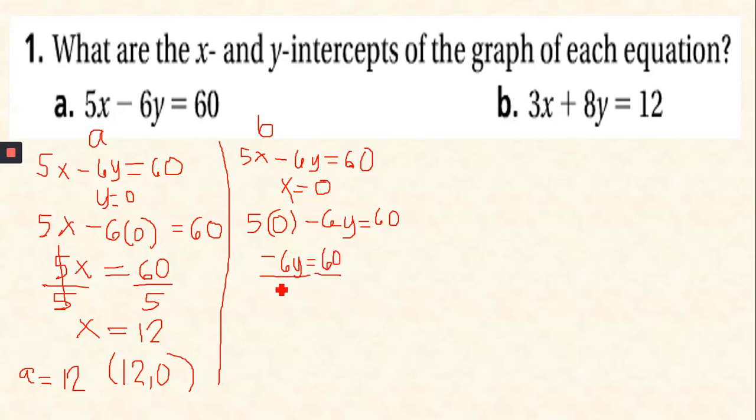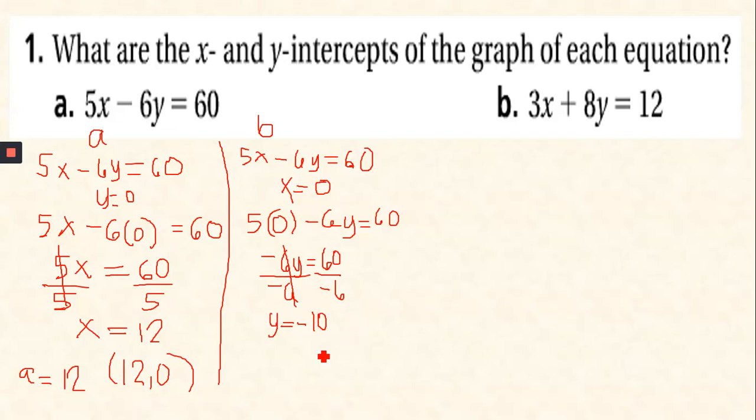Dividing both sides of the equation by the coefficient of y, which is negative 6. So negative 6 divided by negative 6, that is 1. So y now is equal to 60 divided by 6, that is 10. Positive divided by negative, that is negative.